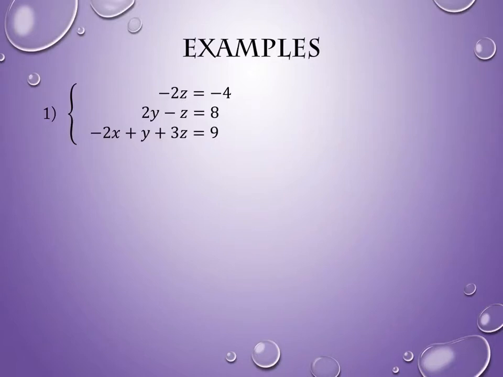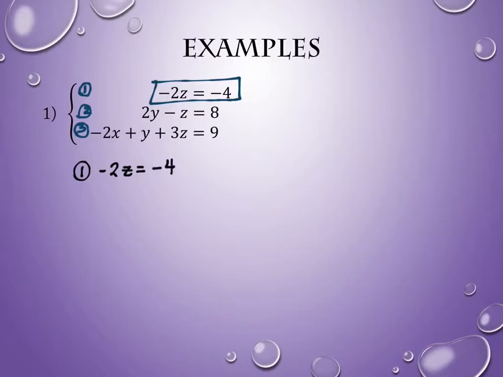On this one, it's actually really nice, because if you look at that first equation, you should be able to tell me what Z equals. What is it? It's 2. Now, as we work through these, every time I'm going to number my equations so that I don't lose you or confuse you with which equation I'm talking about. Equation number 1 only has 1 variable, so I can solve for it.